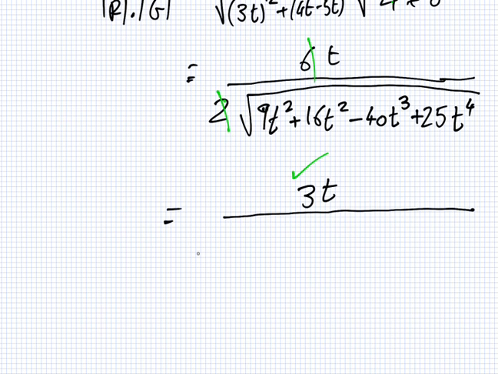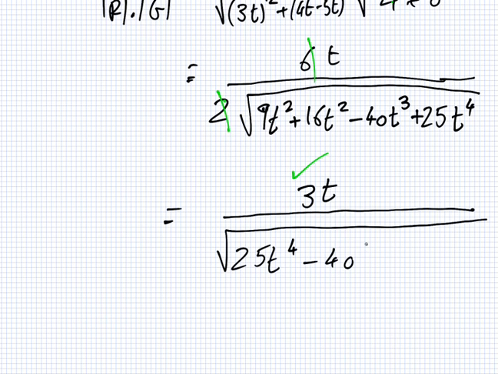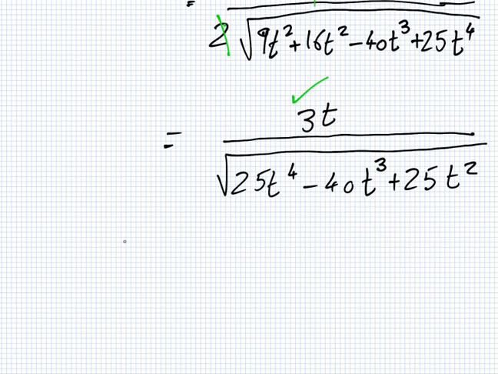Yeah. So this is the square root of 25t to the 4 minus 40t cubed plus 25t squared. You can see that there's a t squared in everything.